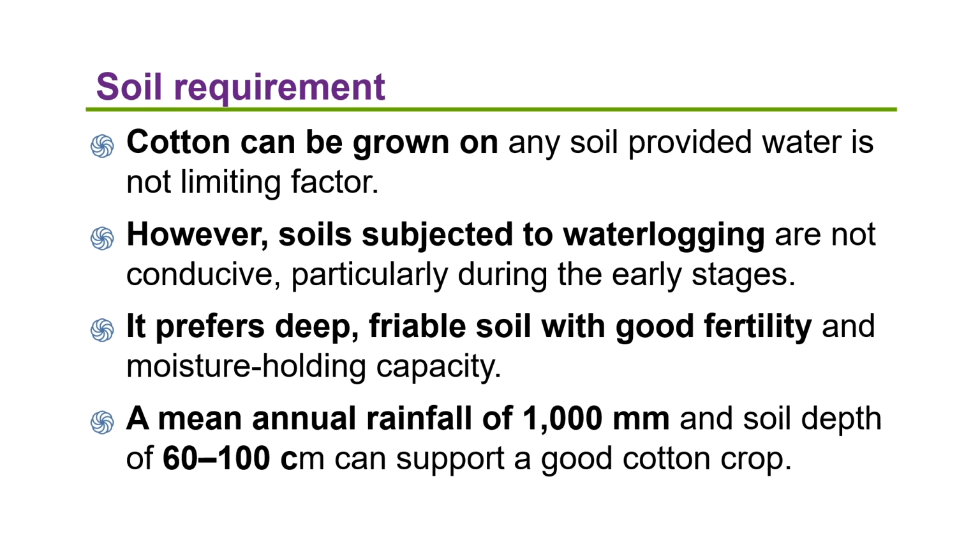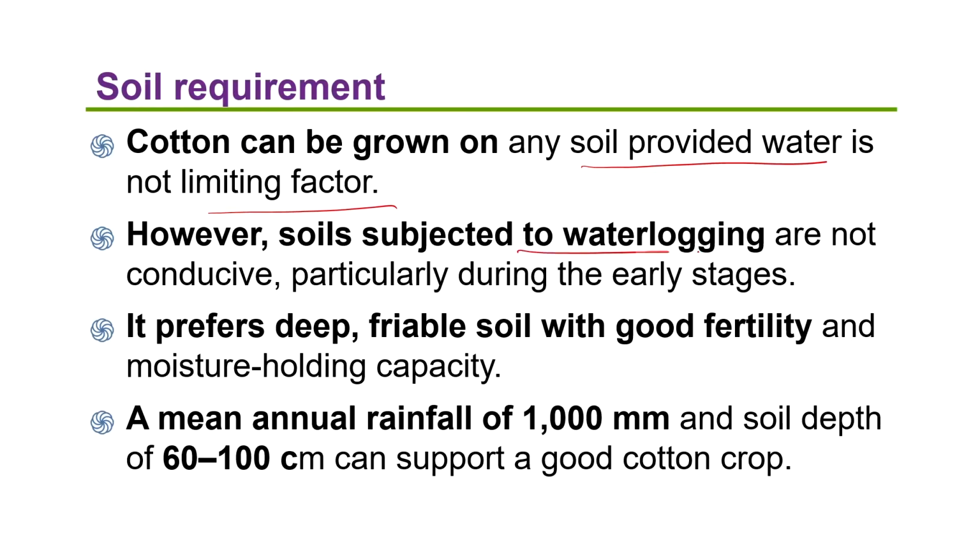Now, coming to the soil requirement for cotton crop, cotton can be grown on any soil provided water is not a limiting factor. So, naturally it needs some quantity of water at every stage of growth and it cannot be grown successfully without water. However, soils subjected to water logging are not conducive, particularly during the early stages.